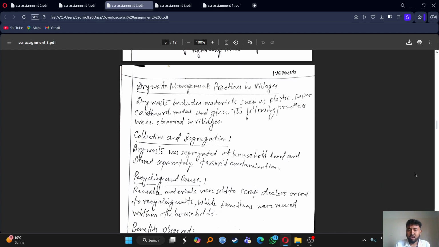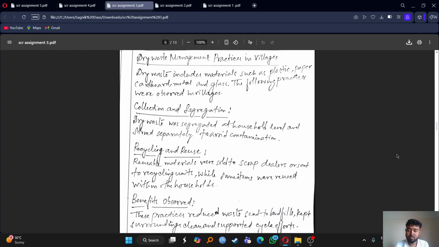Dry waste management practices in villages, in accordance with organic farming, were also promoted there. Dry waste management included materials such as plastic, paper, cardboard, metal, and glass. We tried to collect and segregate the waste and place it in recycling centers.